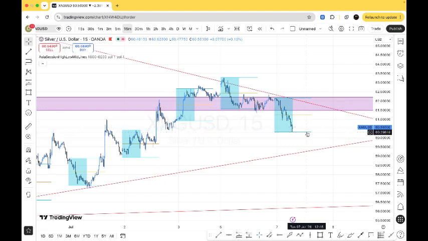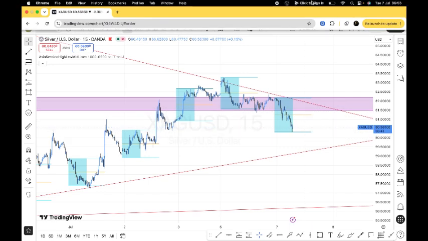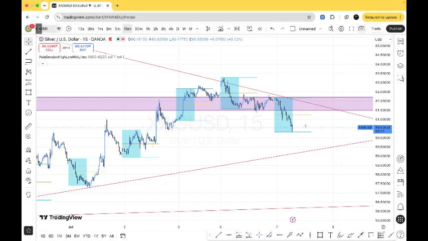So this is the Asian high, this is the Asian midline, this is the Asian low. Because the markets are opening in a few minutes, like in an hour, it's going to have a lot of manipulation. It might come and react on the midline, or it might come and sweep liquidity on this Asian high before continuing in the downward direction.